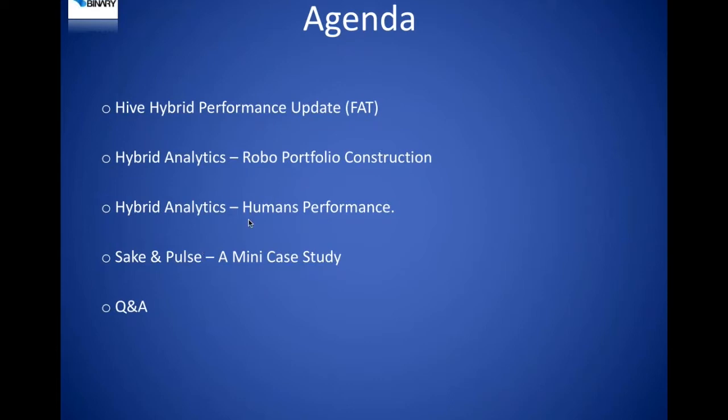After that, I will spend a bit of time going over some of our human signal providers and how their hybrid FAT trading has done in the last year. And then I will end the webinar doing a very small mini case study on Mr. Saki, who is currently the best signal provider in Signal Hive. And I will, of course, finish off with a Q&A where you'll have the opportunity to ask me your questions.